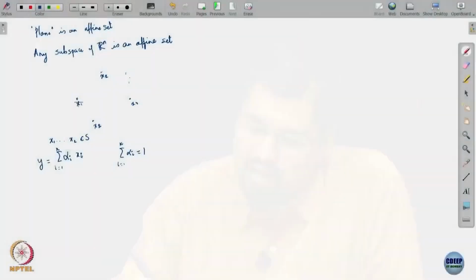Now, what can you say about this point? Let's suppose I make alpha 1 and alpha 2 non-zero and the others 0. Then, as I vary my alphas, that captures the entire line passing through x1 and x2. Similarly, if alpha 2 and alpha 3 are non-zero and everything else is 0, that captures the entire line passing through x2 and x3.